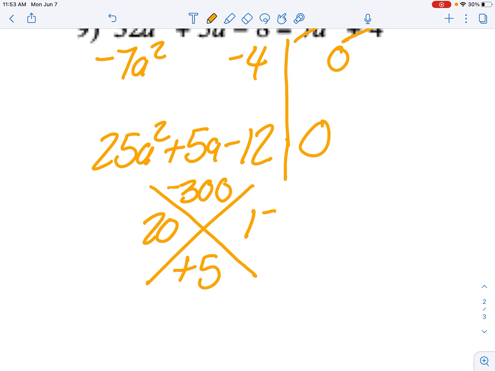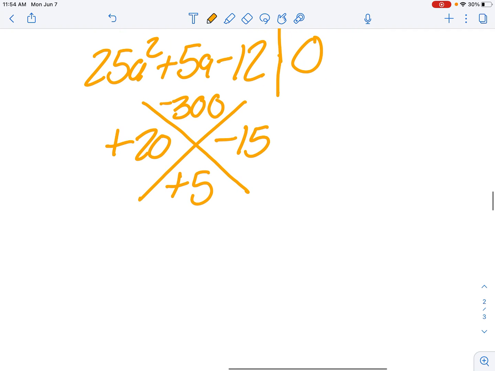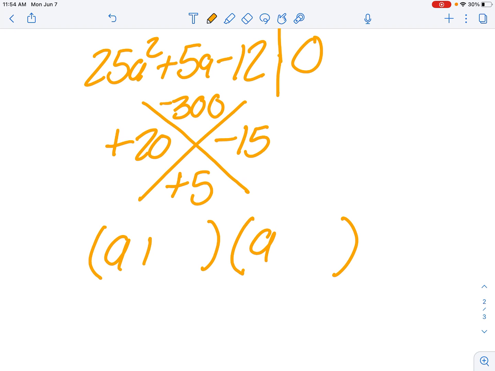Perfect. 20 and 15. The 5 is bigger on the bottom, so that means that the 20 is going to get the positive and the 15 the negative. So I set up two parentheses, and I get A, and I'm going to get plus 20 here, minus 15 there is equal to 0.